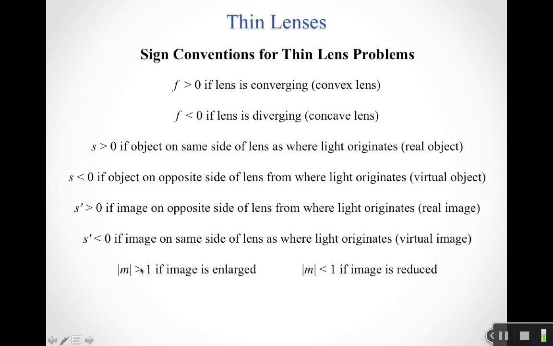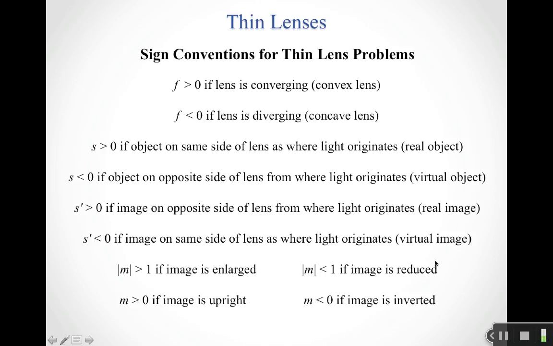So when I take the ratio of image height to object height, or image distance to object distance, if that ratio is greater than 1, then I have an enlarged image. If that ratio is less than 1, I have a reduced image. So just looking at the number, ignoring the sign of the magnification, will tell me whether I have an image that's enlarged or reduced.